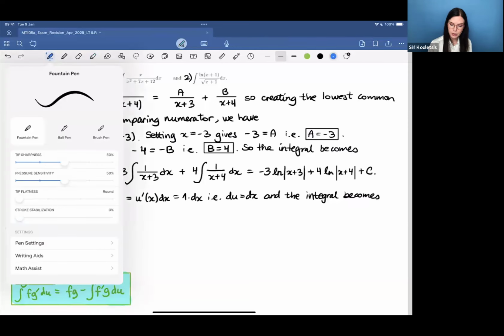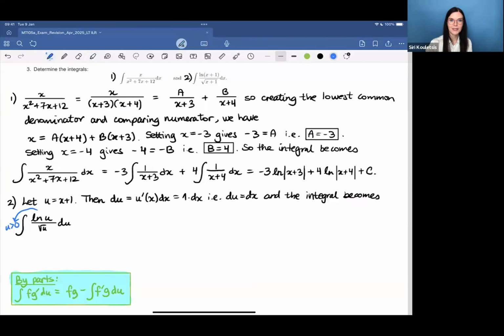And what we certainly want to get rid of here is the ln u, because we don't know how to integrate ln u even by itself. In fact, for that, as you will have seen in the course, you actually use by parts and a trick there. So I'm definitely going to let my function f be ln u.